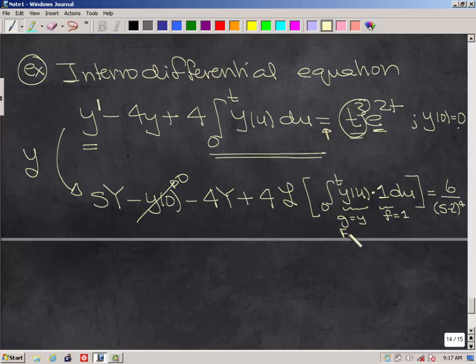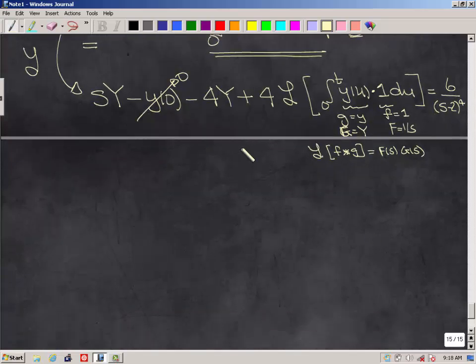So big F is going to be 1 over s, and big G is going to be big Y. So this can be treated like a convolution integral, so you can think of this as f star g. And if you recall, the transform of f star g is what? Big F of s times big G of s. That's what we came up with. So now I can rewrite this, and I can take a Y out of some of these terms.